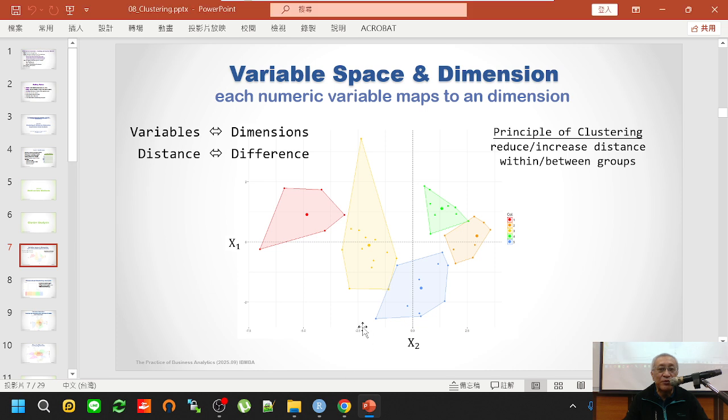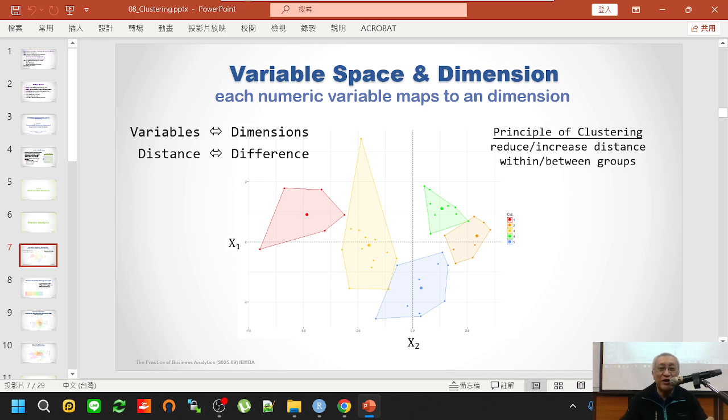Take this chart example again, right? Because we are mapping the subject with their variable value into a space, right? So now, if for example this x1 variable, their value is between 0 and 1, right?